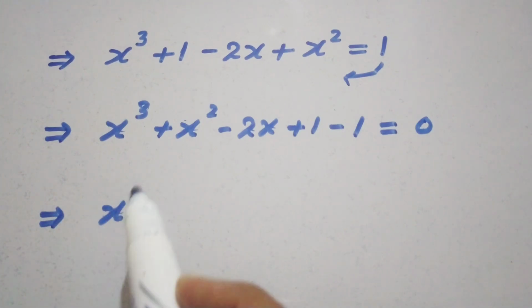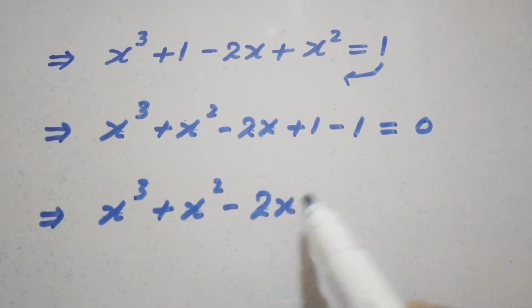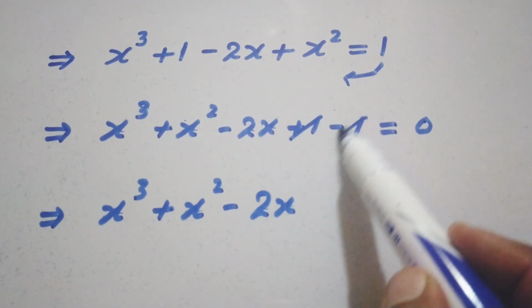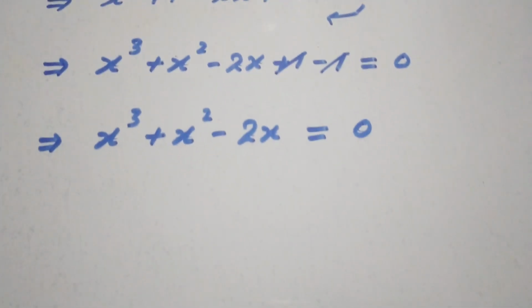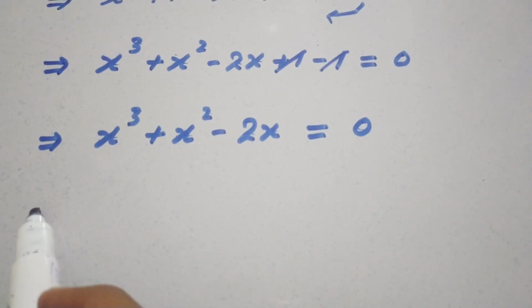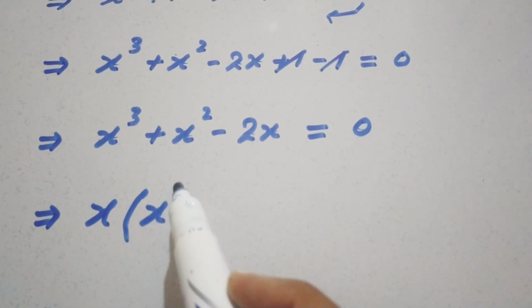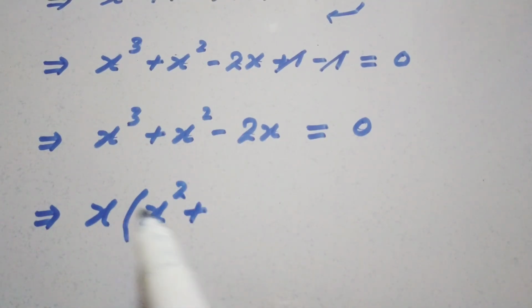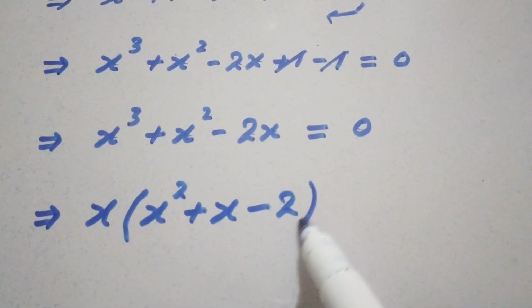Now we get x cube plus x squared minus 2x equal to 0. By taking x common, inside the bracket x squared plus x minus 2 is equal to 0.